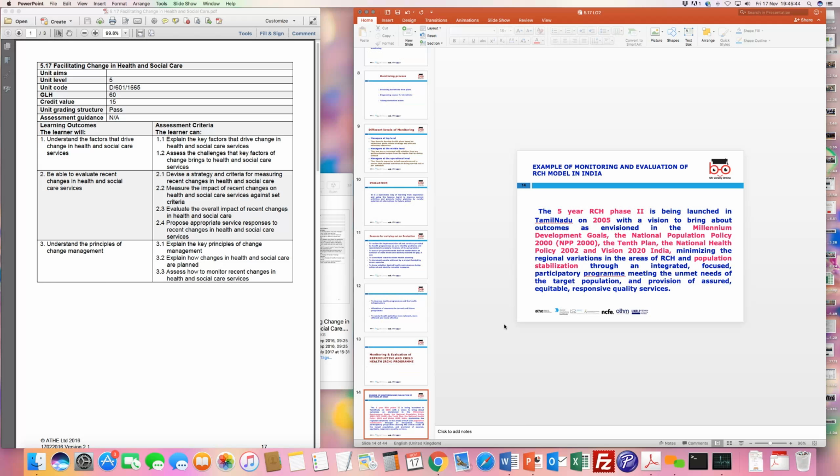They launched this program in 2005, a slightly older example, but the idea was to minimize the fatalities happening specifically within the RCH program in a particular state in India.